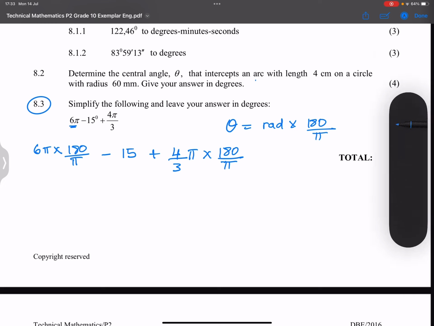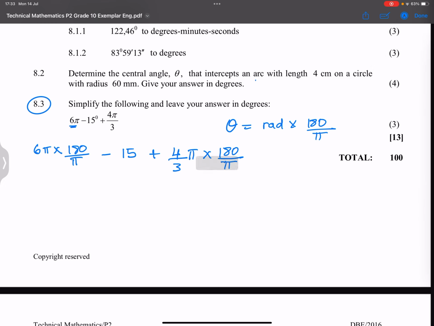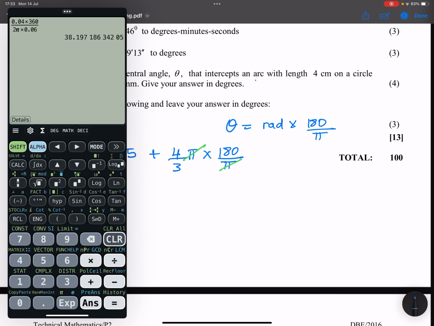So let's try and find that angle quickly. Firstly, notice there that you are going to cancel out the pi and the pi there. Pi and pi cancel each other out. And so you've got 6 times 180. Okay, let's do that quickly.